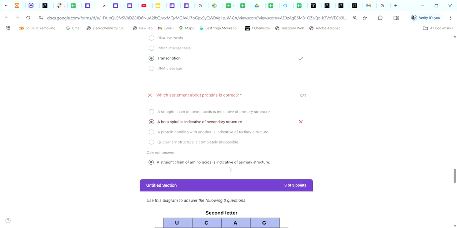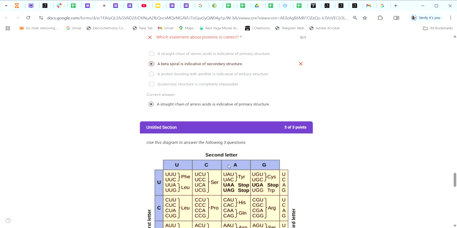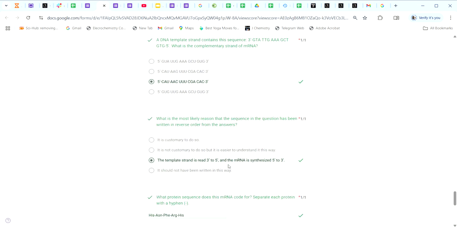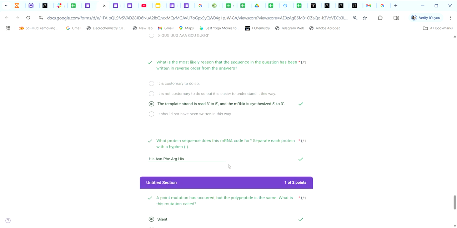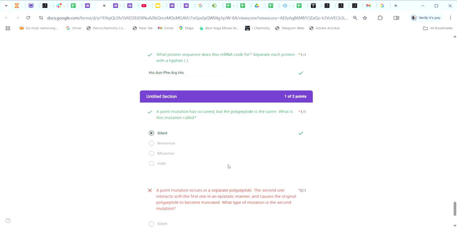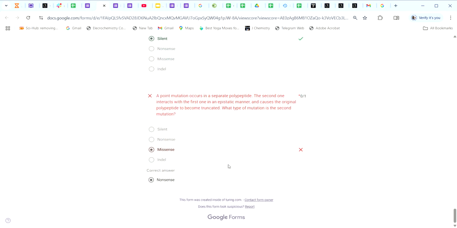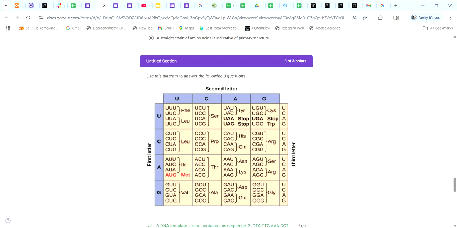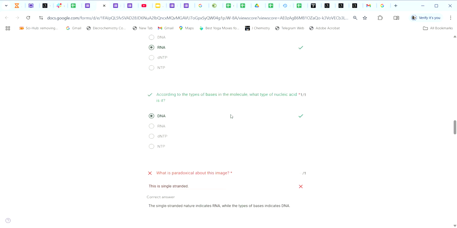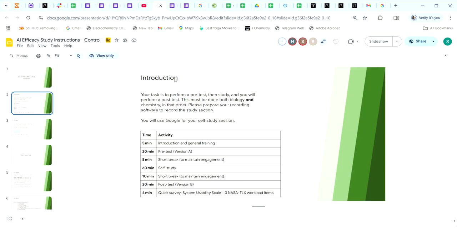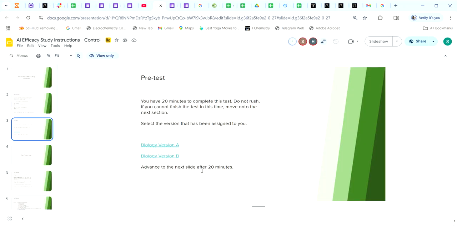Straight chain is primary structure. Yes, that is also correct. Silent, that is missense. Nonsense. Okay, so the last part is the quick survey, the system usability scale.